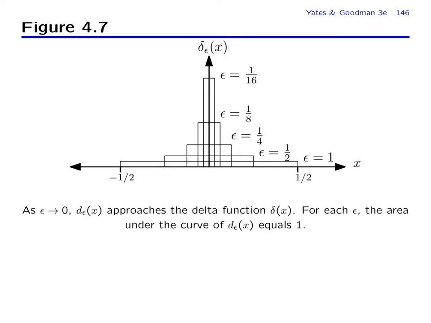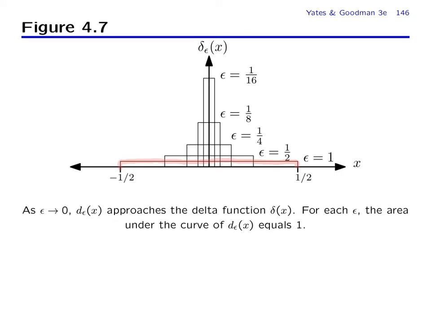So for example, at epsilon equals 1, it goes from minus 1/2 to 1/2, and the height is equal to 1, and the area under the curve of this function is equal to 1.